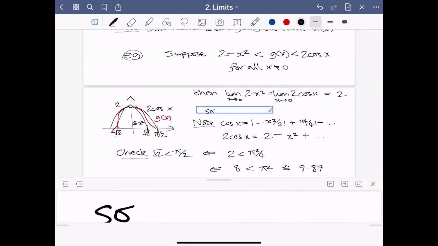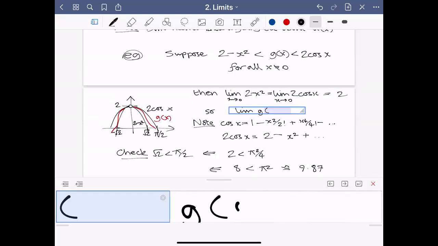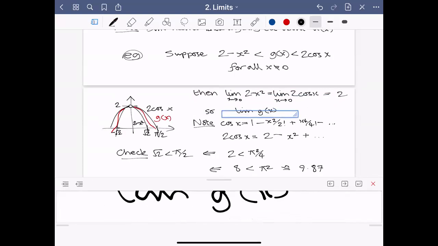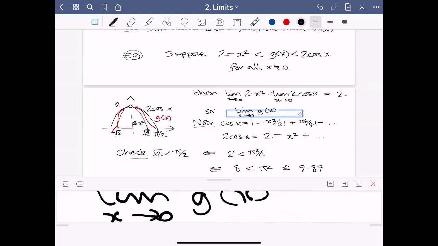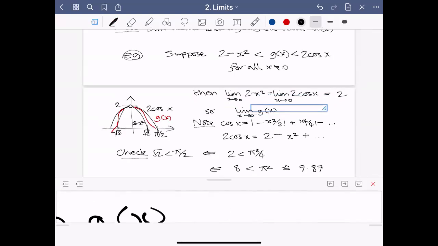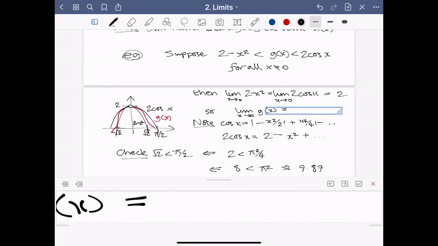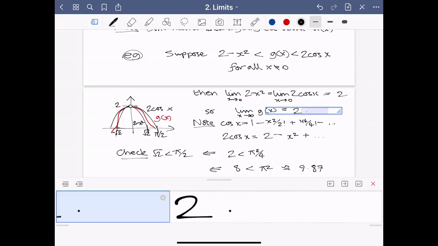So the limit of g(x) as x goes to 0 is also equal to 2. Okay, so let's stop there, check if there's any questions just now.